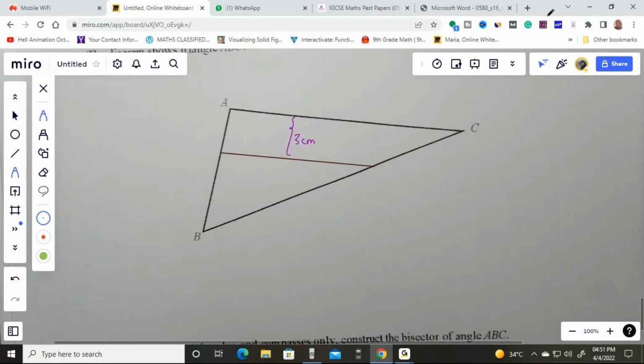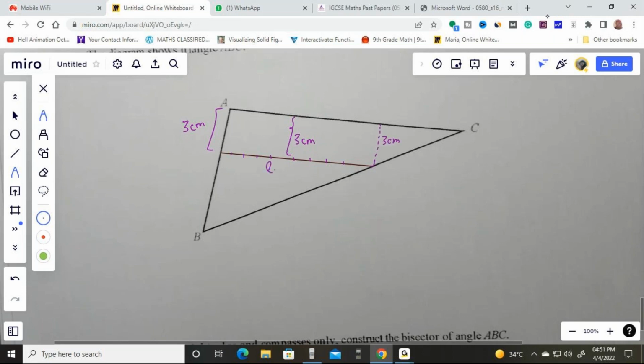If you just simply draw a straight line here in a manual way, use your scale and measure a 3 centimeter distance and then draw a straight line 3 centimeter away from the line here. So all the points which are lying on this line are 3 centimeter away from your AC.